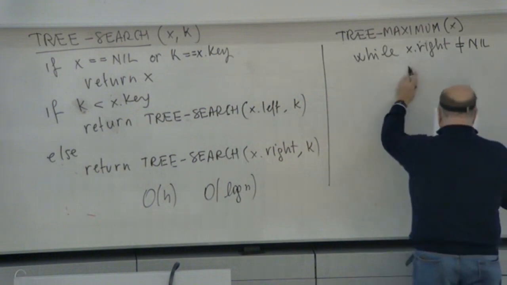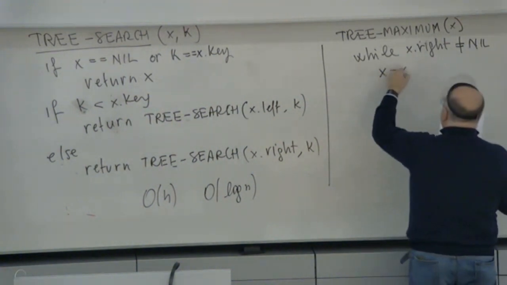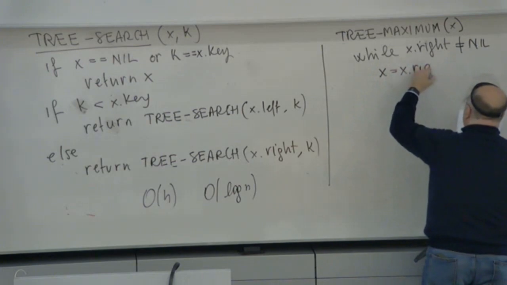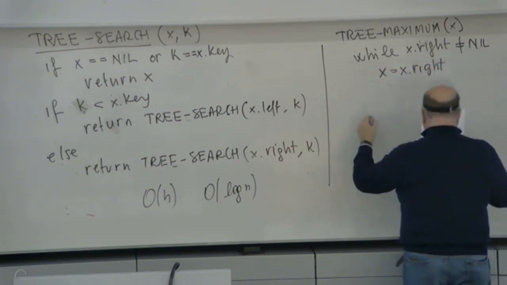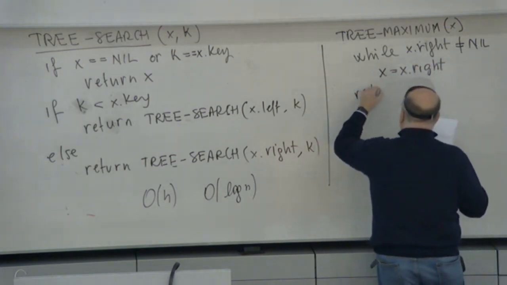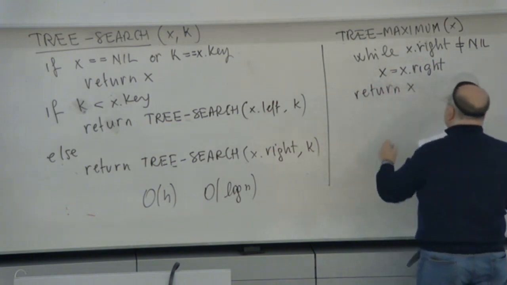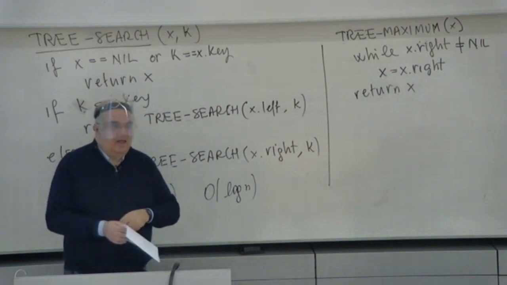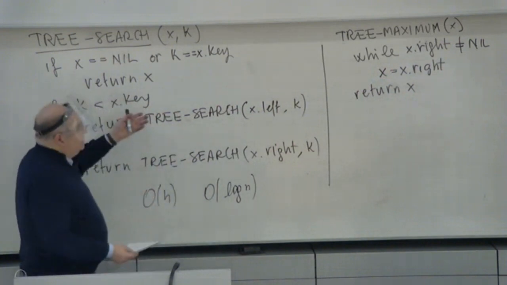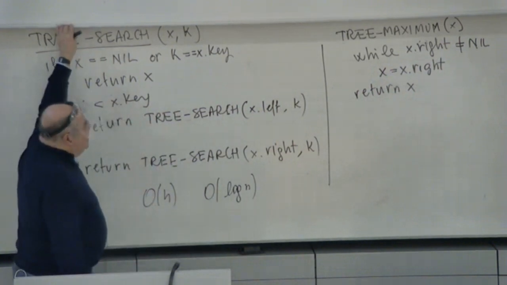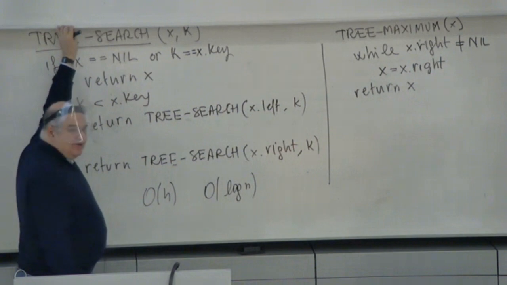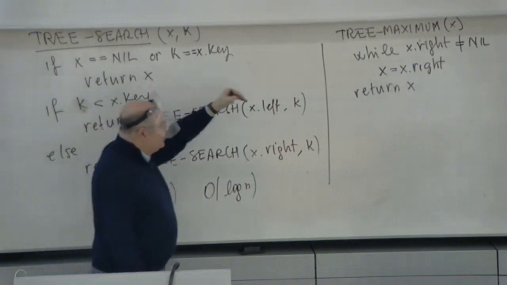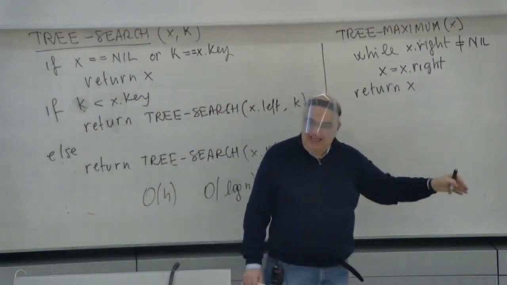While X right is not nil, X equals X right, and then we return X. Which is a very concise way to say go down continuously on the right until you reach the end.